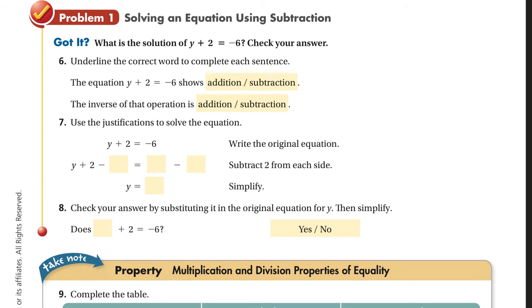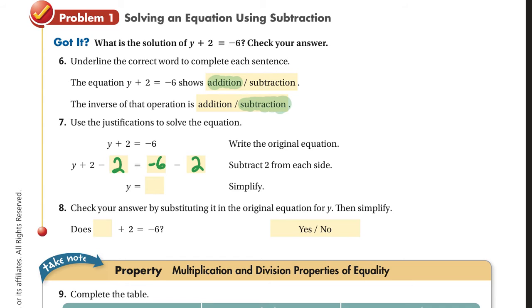So using subtraction first, it says, what is the solution of y plus 2 equals negative 6? The equation y plus 2 equals negative 6 shows addition on the left-hand side. So the inverse of addition is subtraction, meaning we are going to subtract 2 from both sides of the equation.